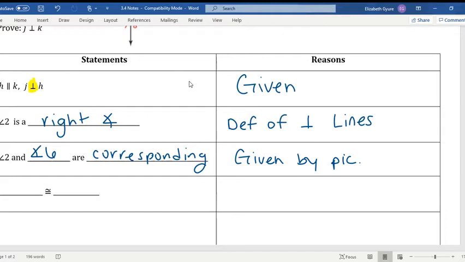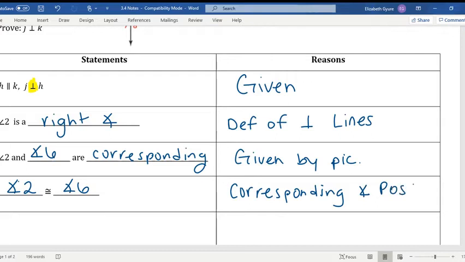Angles 2 and 6. Angle 2 would be congruent to angle 6. And we know we could do that because they were what kind of angles? Corresponding. So then we say the corresponding angle postulate. And if you accidentally write theorem, that's not the end of the world. Okay, no big deal.